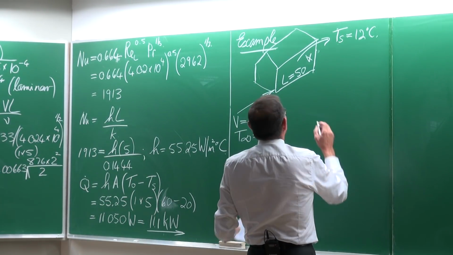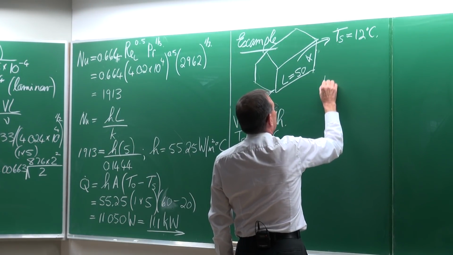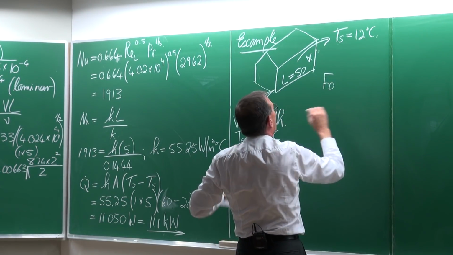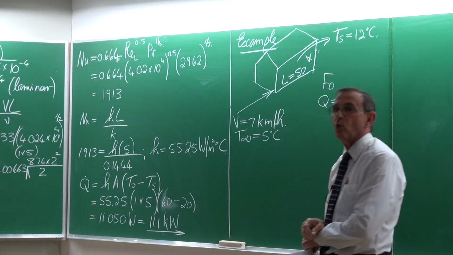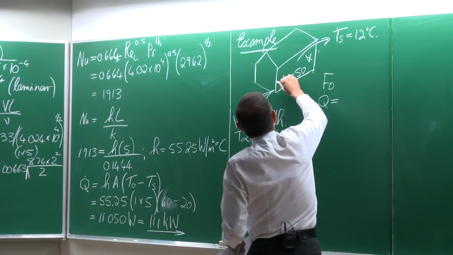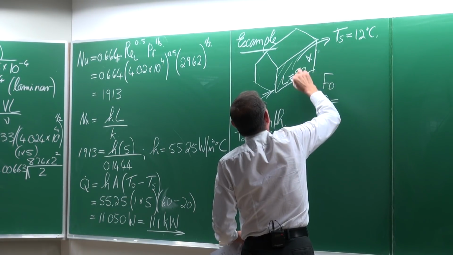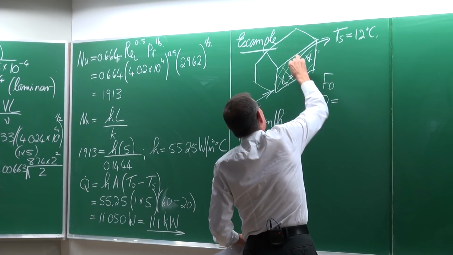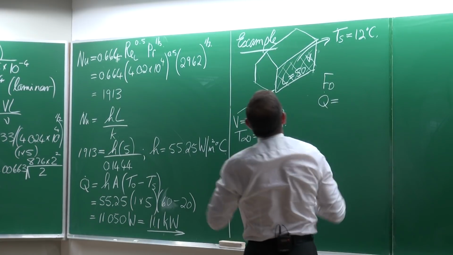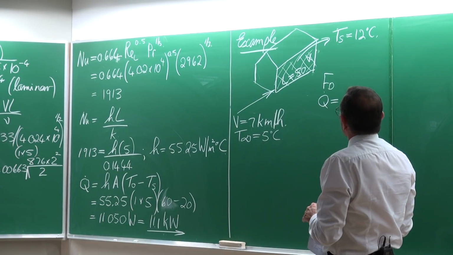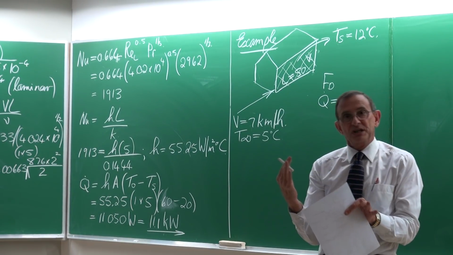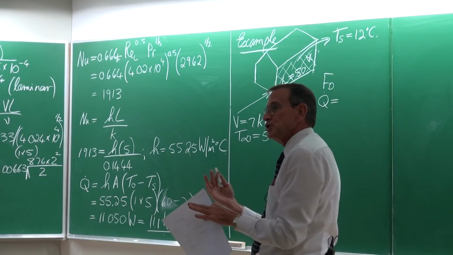So again, the question is, what would the drag be on this wall, and what would be the heat transfer rate from that one wall? So we only look at this surface. The surface with a length of 50 meters and the height of 4 meters. Again, the properties are dependent on temperature.